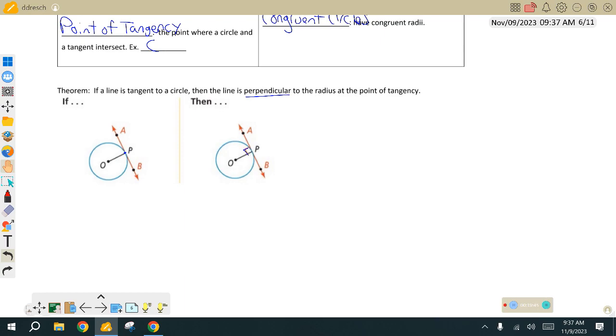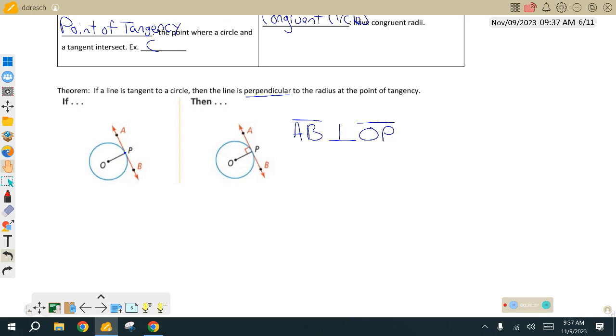When it intersects a radius, it's always going to be perpendicular. So the tangent, line AB, is going to be perpendicular to the radius, which in this case is OP.